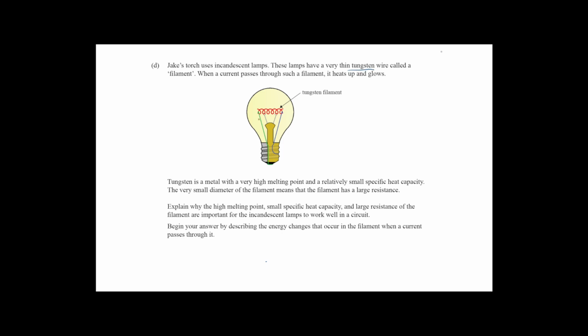So they're coiled and they're coiled around themselves again. So there's a very, very long tungsten coil, and when you turn it on, the electricity goes through it, it heats up. It heats up so much that it glows white hot. So there are three things that this tungsten needs to have. This is going to be the answer that you're going to need to put. First thing it has is high resistance.